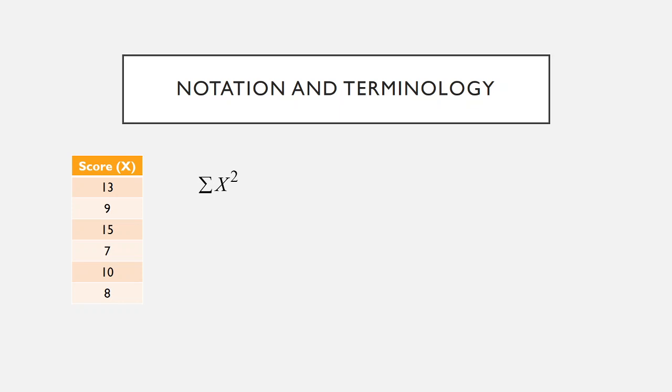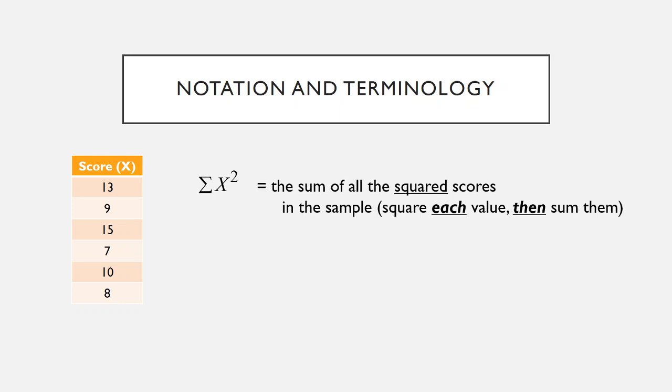The question is, what do you do first? You might be inclined to think, oh, do I just square that 62 I got in the previous slide? And that's no, that is wrong. That is not actually what you do here. And you have to pay attention here, because if you inadvertently do this the wrong way, your values are going to be way off. So what is sigma X squared actually asking me to do?